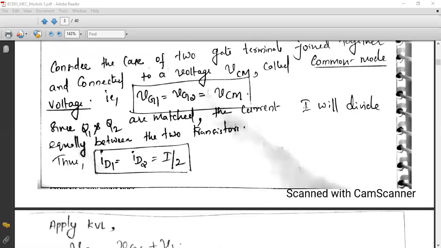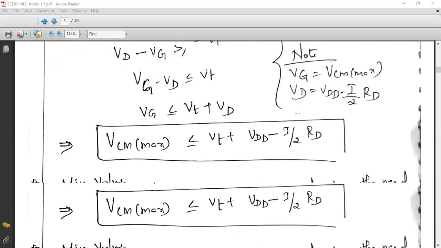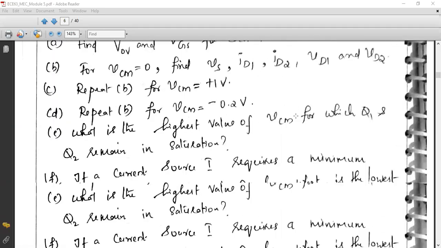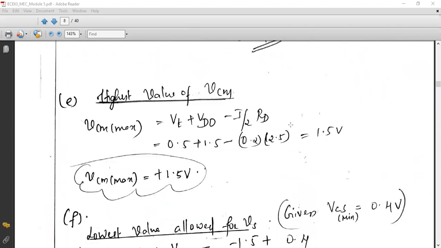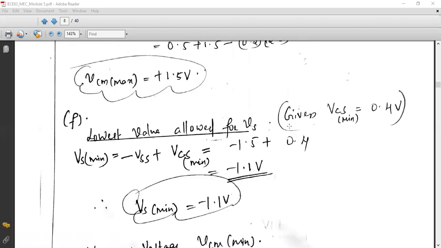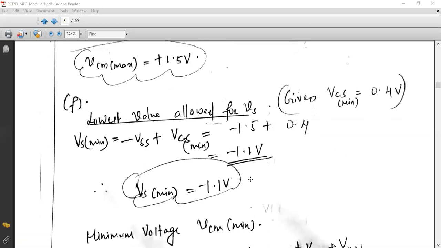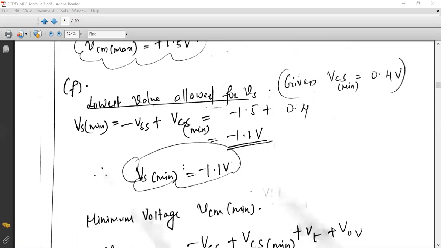So by observing the circuit diagram, let us write the equation for minimum Vs, minimum value of Vs. That is VCS minus VSS, and the minimum value of VCS is given in the question, 0.4 minus 1.5, which is equal to negative 1.1. So this is a minimum source voltage that we have corresponding to the minimum current source voltage.